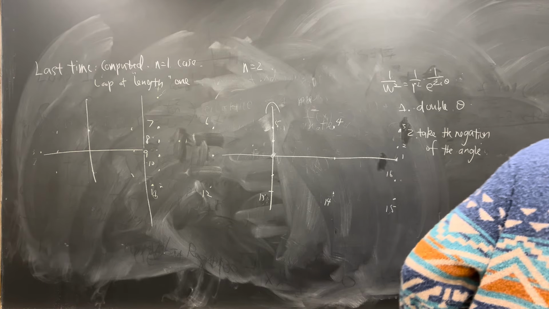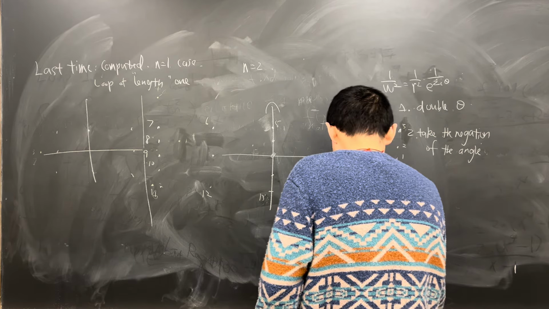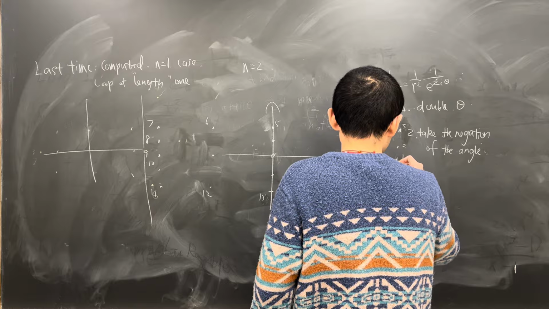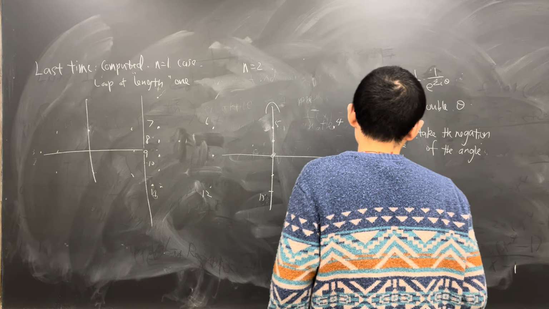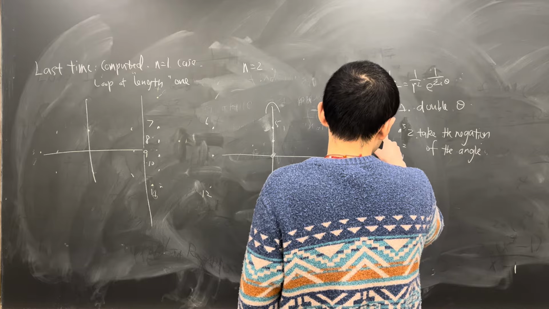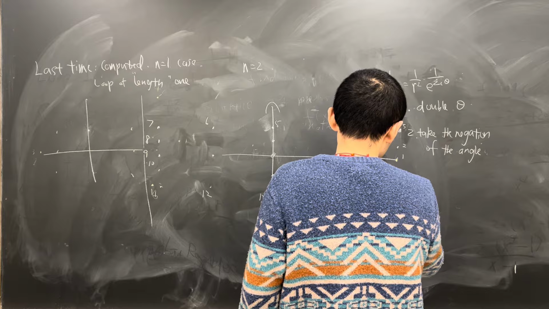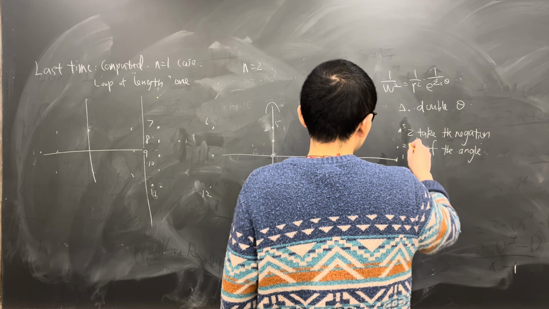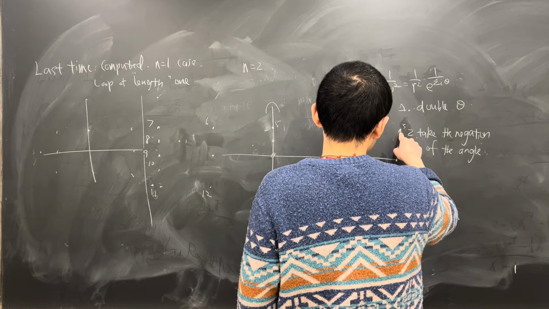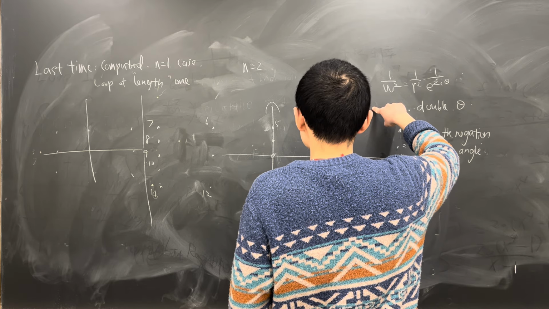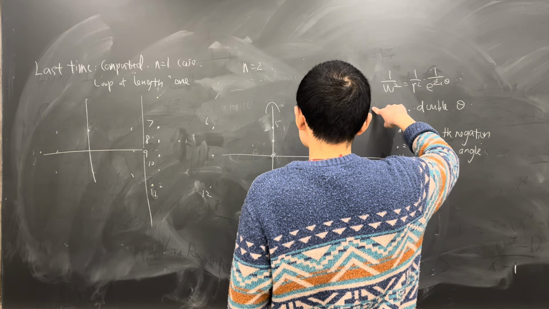So here, this point stayed here. I think I computed that last time. Then for this angle, at first I double it, and then I make it inverse, so it goes to here. And this one, 3, I also do the same thing, right?